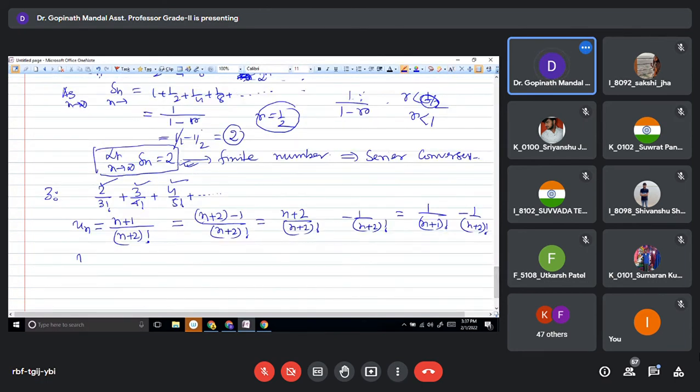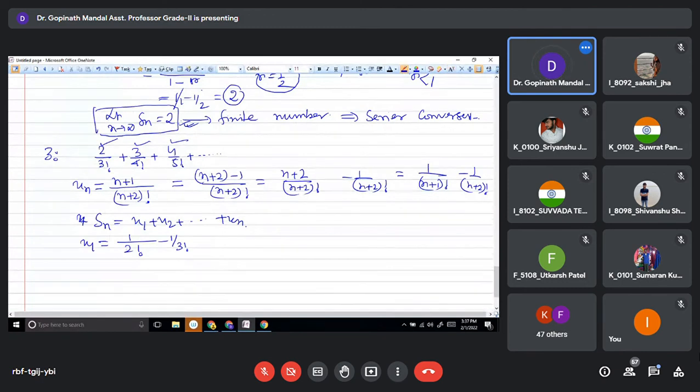So Sn equal to u1 plus u2 plus up to un. So first find u1. u1 equal to 1 by 2 factorial minus 1 by 3 factorial. u2 equal to 1 by 3 factorial minus 1 by 4 factorial. u3 equal to 1 by 4 factorial minus 1 by 5 factorial.